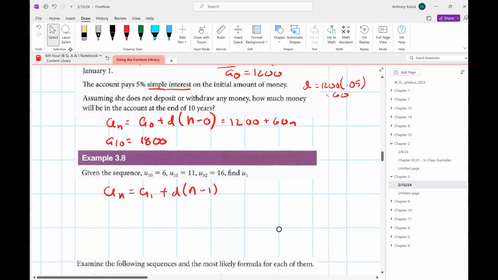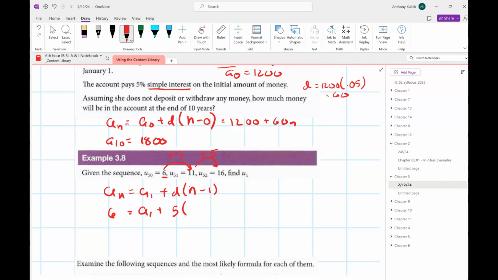Everybody agree? And I can find the D really easily. What's the D? Yeah. So what I'm going to do is I'm going to say take this as my A sub n. A sub 1 is what we're looking for. D is 5. And then n should be 50.